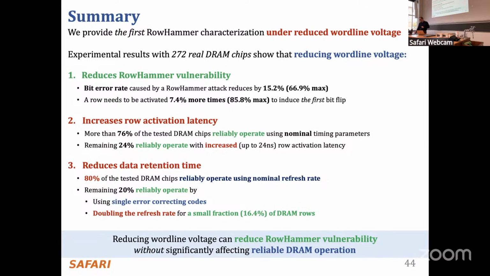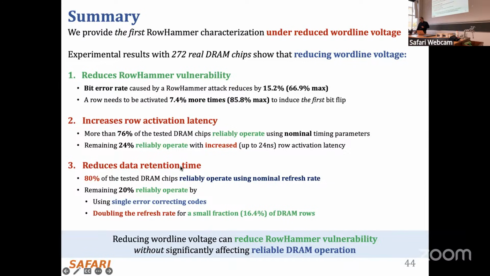And the paper proposes some mechanisms to overcome some of these issues. Like if the row activation latency increases, you can reliably operate by increasing the latency for some rows that are affected. You reduce the voltage level, but for some rows that are affected, because now you need to access them longer, you increase the access latency.